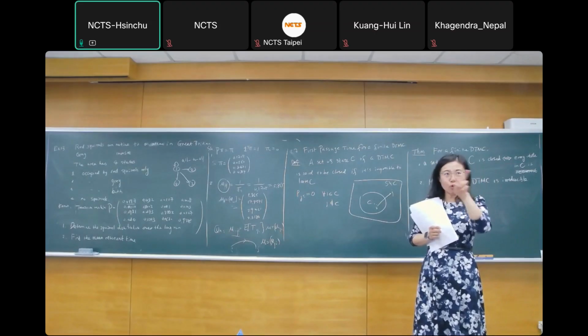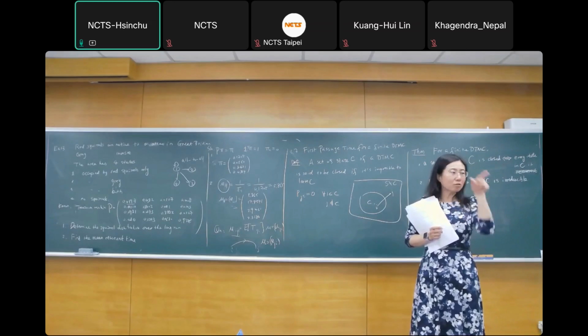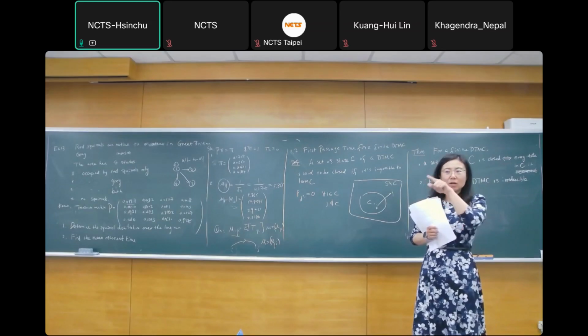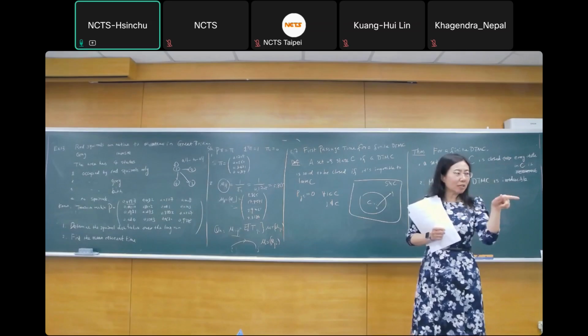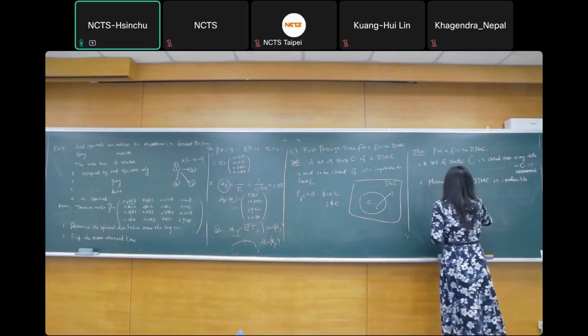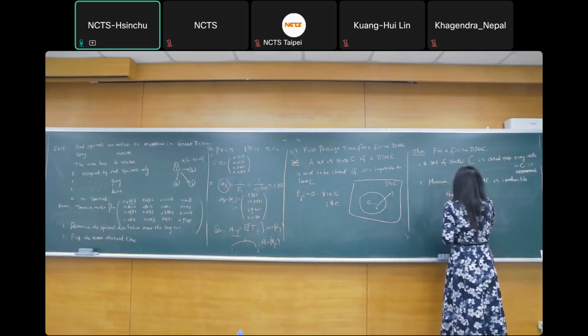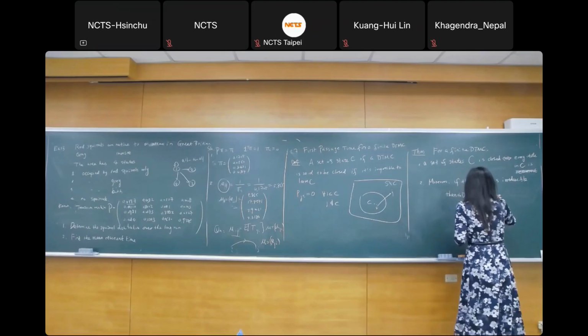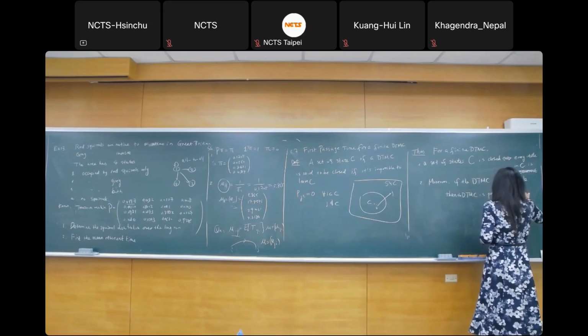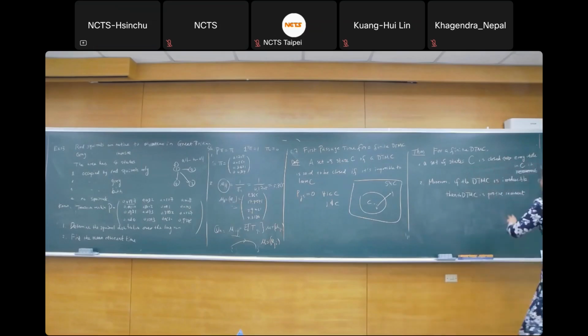A digraph where for any two nodes, you can find a path, you can move from one to the other. That's called strongly connected, right? But in a DTMC, it means you can go from any state I to another state J. If it's irreducible, of course, then the chain is positively recurrent. This one is stronger than recurrent.